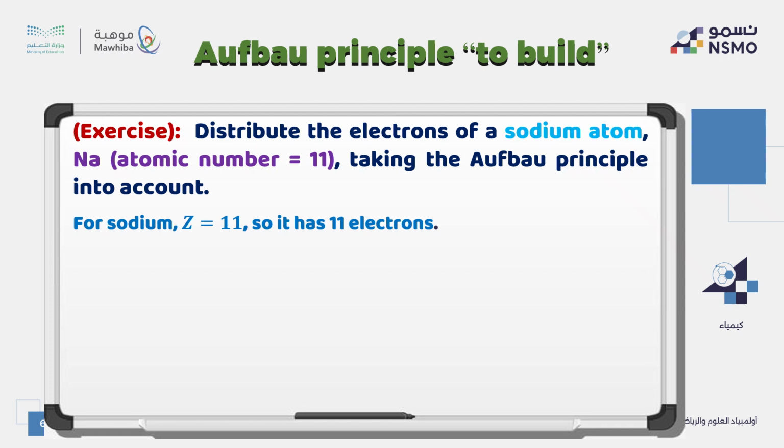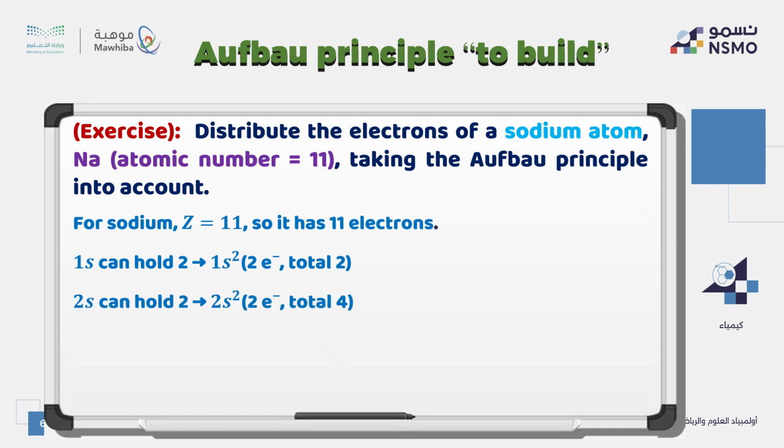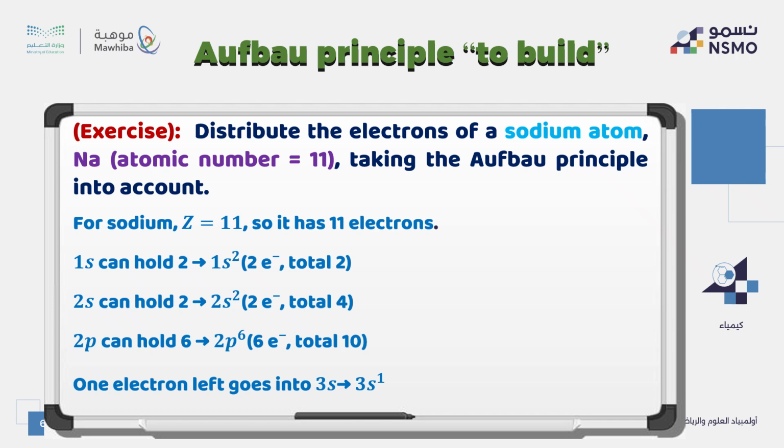We fill the orbitals in order. 1s2, 2 electrons, total 2. 2s2, 2 electrons, total 4. 2p6, 6 electrons, total equals 10. 3s1, 1 electron, total 11. So, the electron configuration of sodium is 1s2, 2s2, 2p6, 3s1.